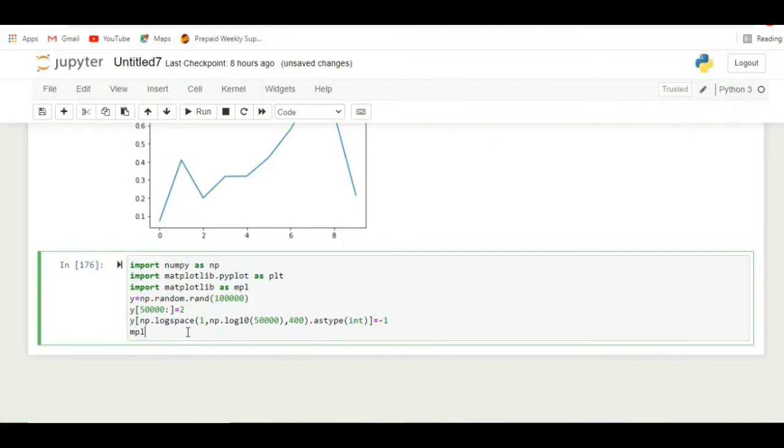Okay, so mpl, because we have used mpl before.